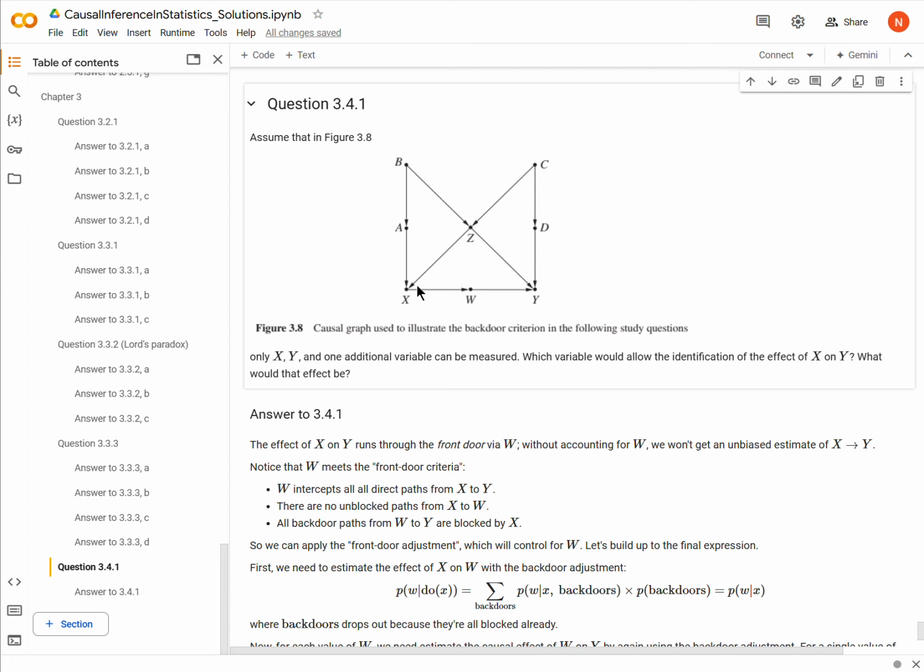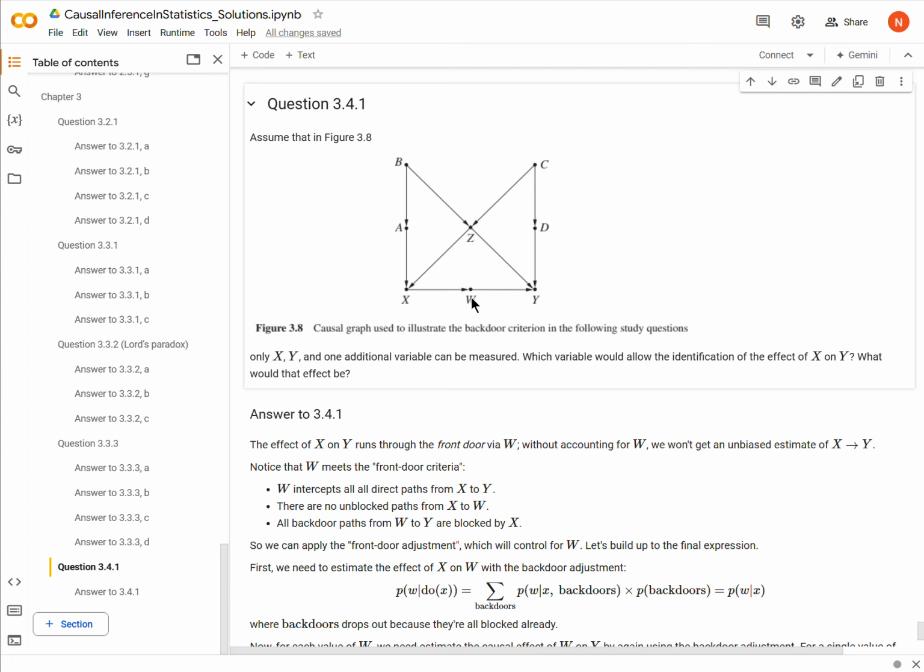We would have to condition on more than one of these backdoor variables in order to close them all down. Because we're only allowed to do one, we probably can't close down the backdoor paths, given the constraints of this particular problem.